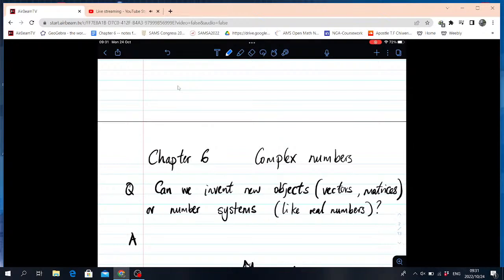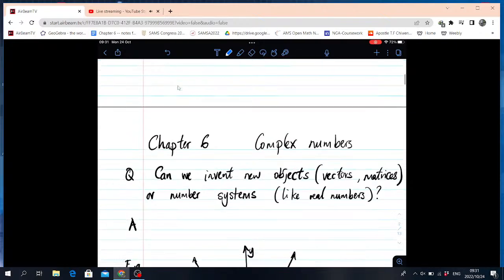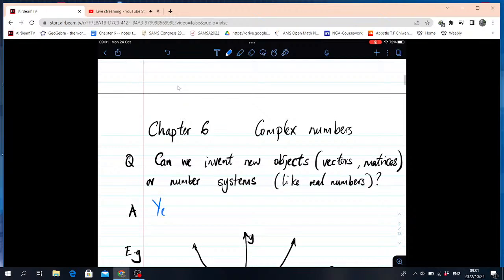So can we invent new objects or new number systems? So we already know about the real numbers. We know there's integers, and so the question is, can we invent new things like this? And the answer is yes, we can, but if it serves a purpose.